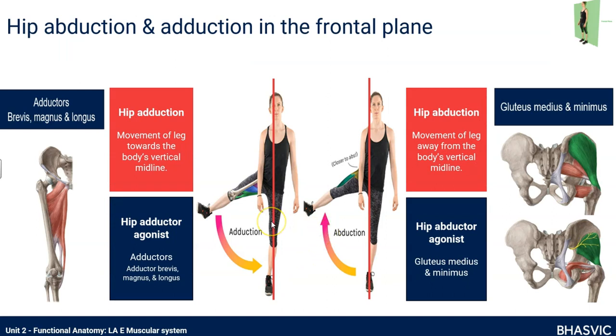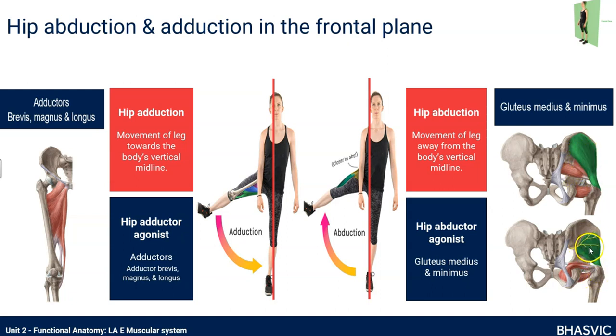Then we've got the frontal plane movements, abduction and adduction. Let's look at abduction first. From the anatomical position, if I lift my leg up sideways away from the body's midline, that's abduction, increasing the angle and moving away from the body's midline. The muscles that pull my leg sideways, and you can see them on the diagram over here, are gluteus medius and minimus.